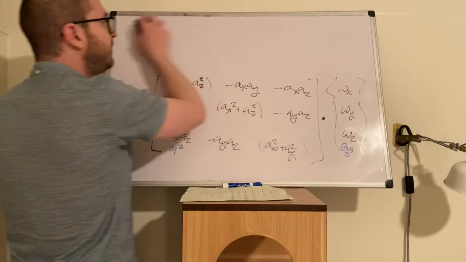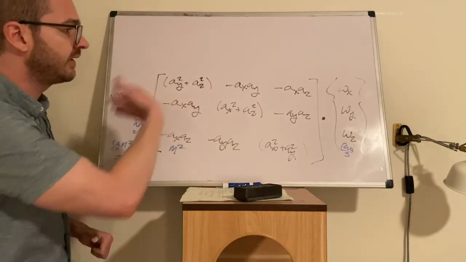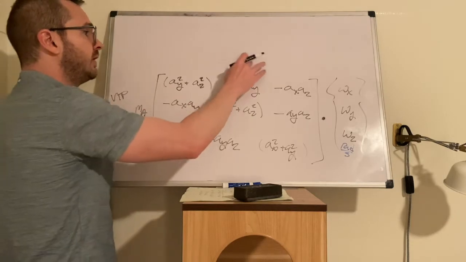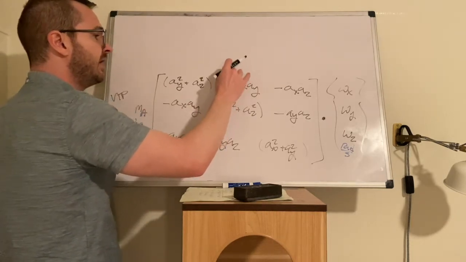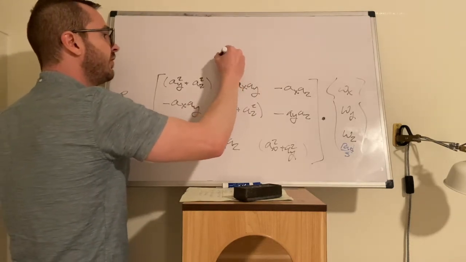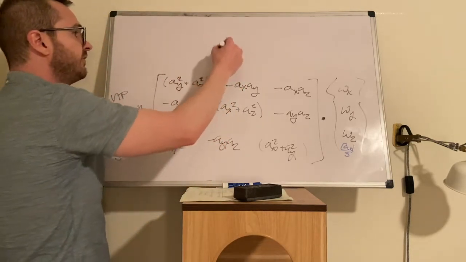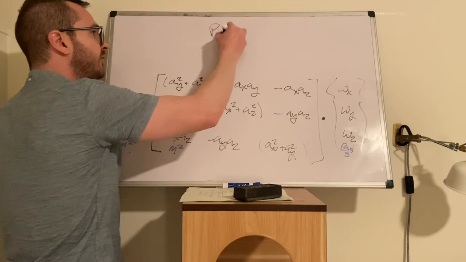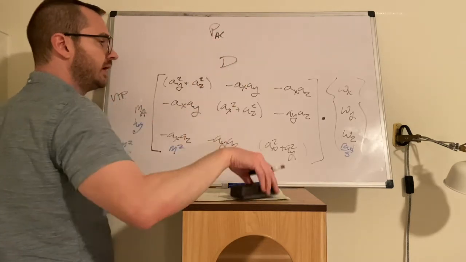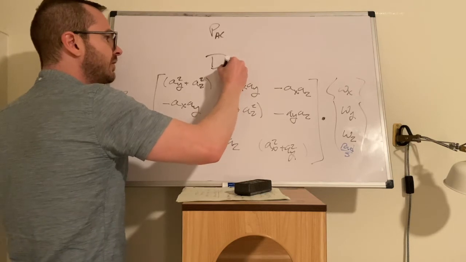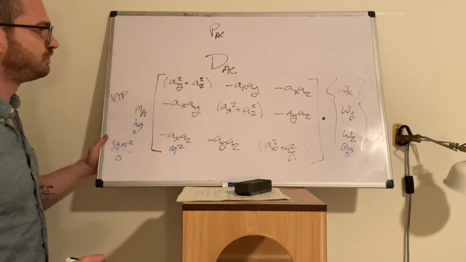So just like we did in the previous one where we said, all right, let's give these things names. Last time we called it inertia. This time we give it the letter capital D, and this is arising from the position vector from A to C. So we give this the capital D with the subscripts AC.